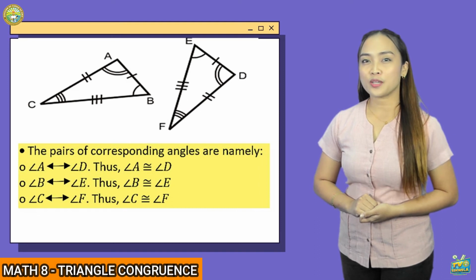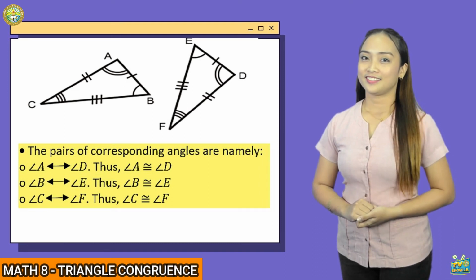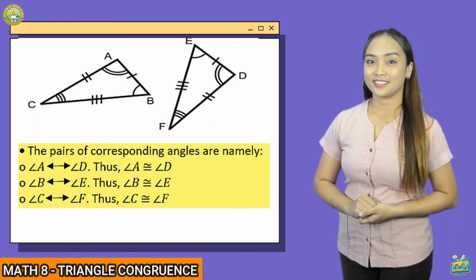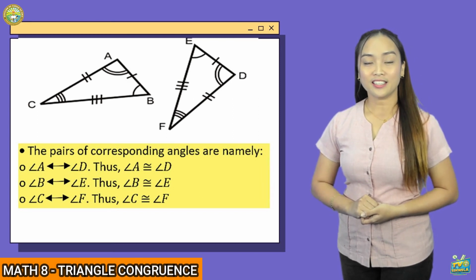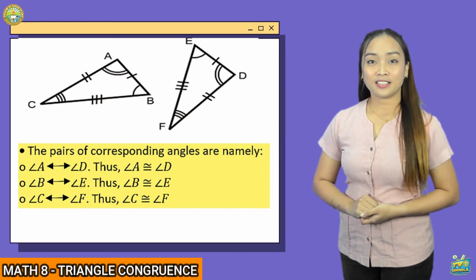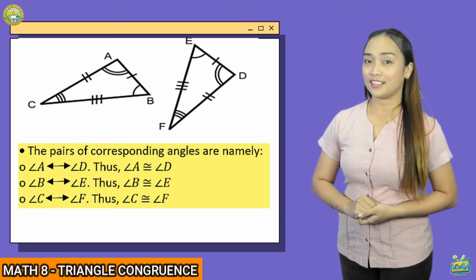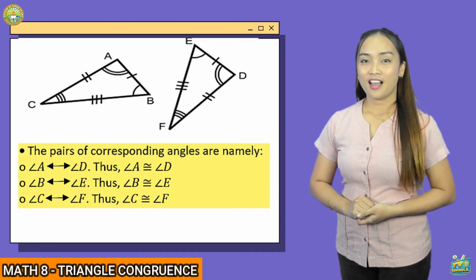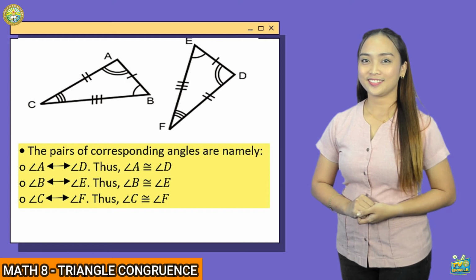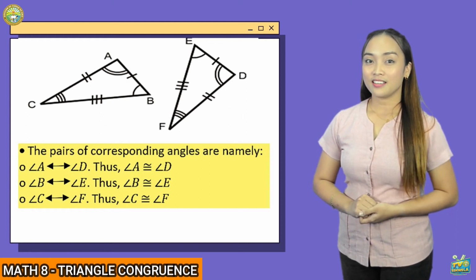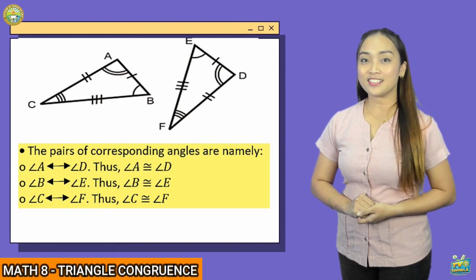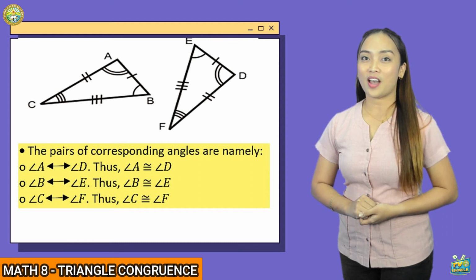The pairs of corresponding angles are namely: angle A corresponds to angle D. Thus, angle A is congruent to angle D. Angle B corresponds to angle E. Thus, angle B is congruent to angle E. Angle C corresponds to angle F. Thus, angle C is congruent to angle F.